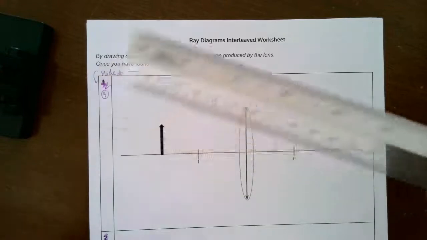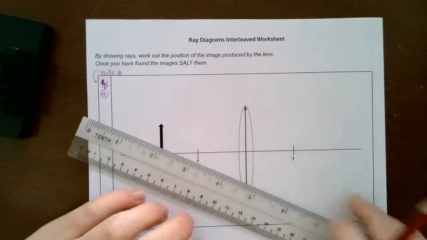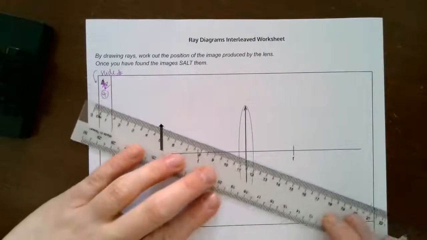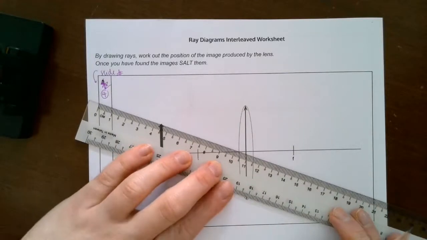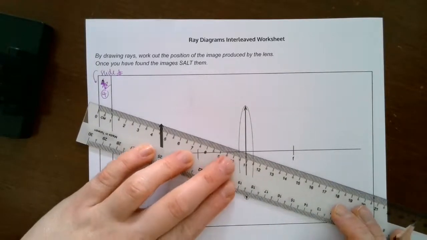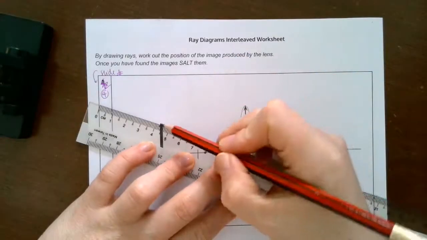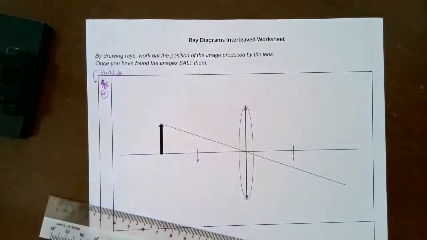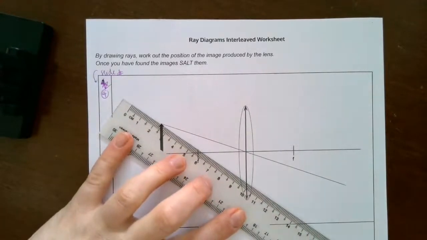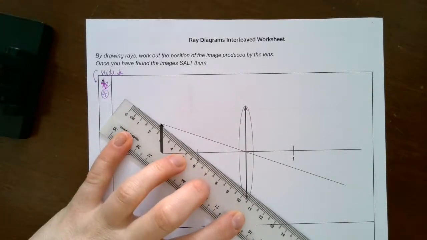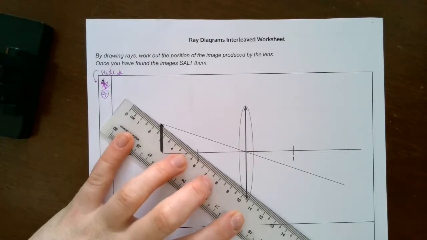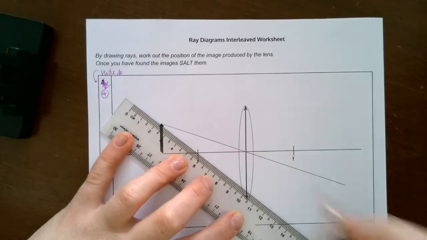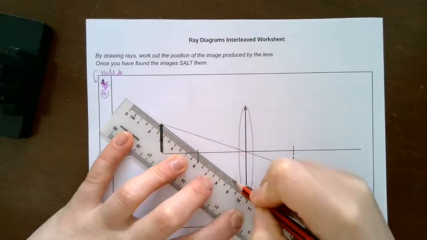So the first one I'm going to do is from the top of the object straight through the centre, like that. The next one I'm going to do is from that same point through the focal point of that lens.